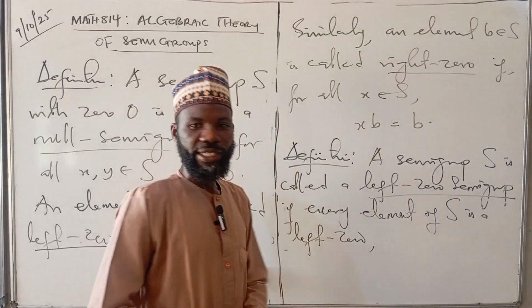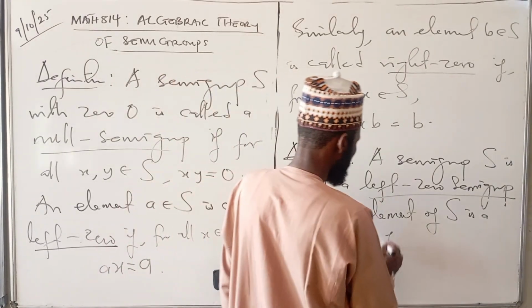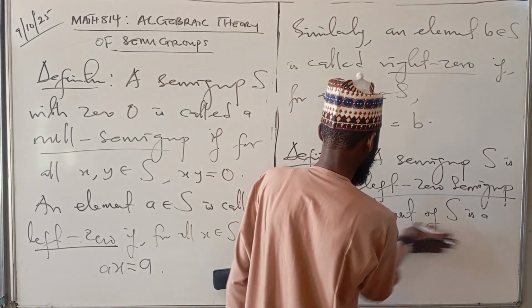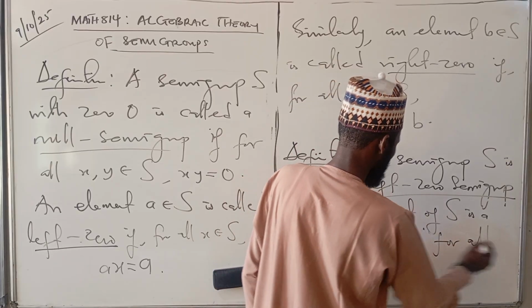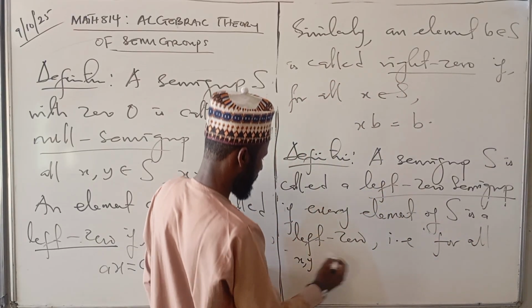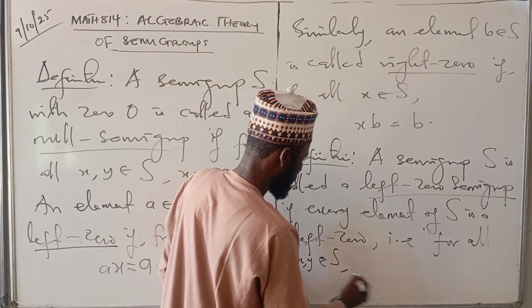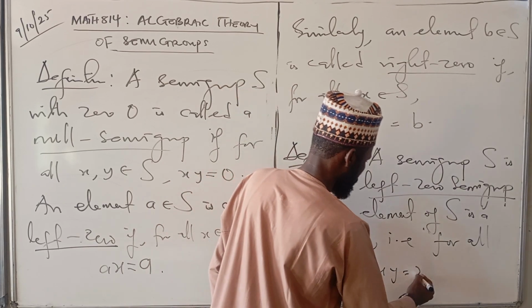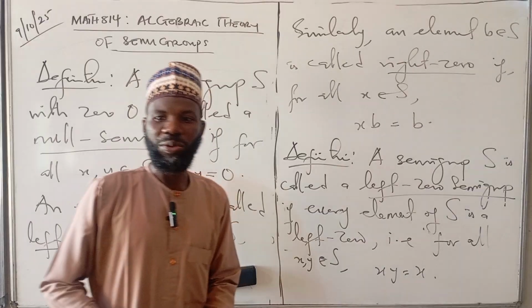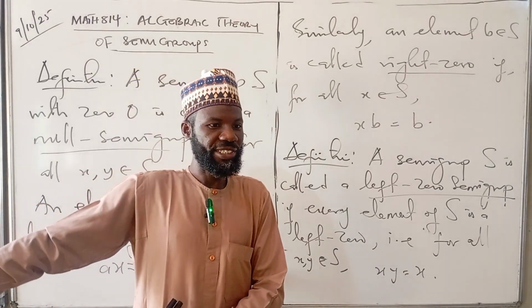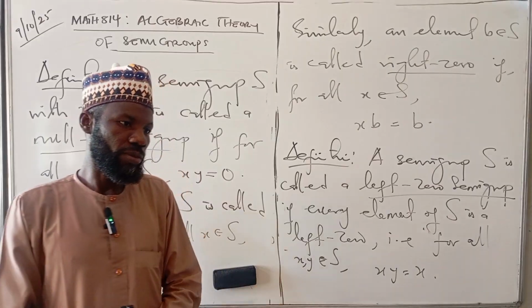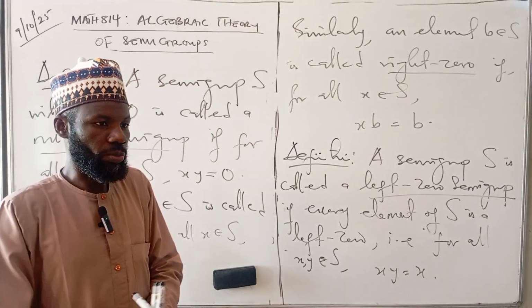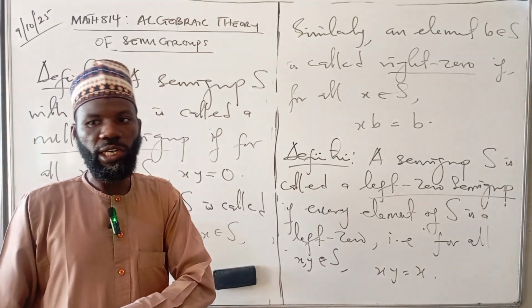You say every element of S is a left 0, it means for all x, y in the semigroup, the product of x, y is always x. Whenever you multiply, you get the leftmost element. So if the product is defined in this way, then the semigroup is left 0: the semigroup in its entirety, every element is a left 0.